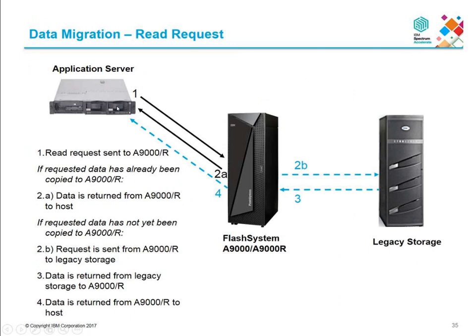So once I've got this set up, I can power up the host, and I'll show you that in the next slide or two. I can be running production workloads while the A9000 is pulling data off of the legacy storage, because if it's not there yet, I just proxy that read down and bring the data back up.